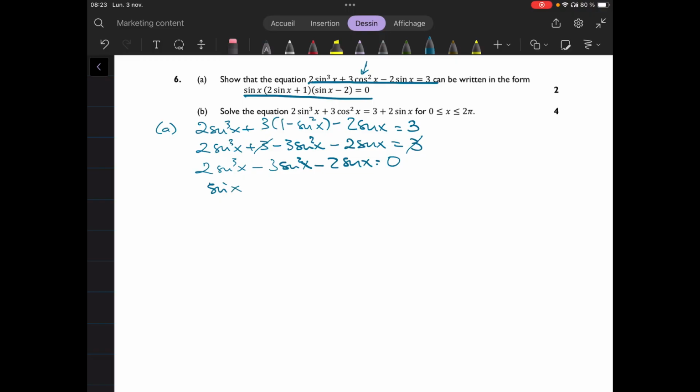Factor the sine x out. This is a hidden quadratic in terms of sine of x. You can use a dummy variable if you're not comfortable factorizing this straight away.